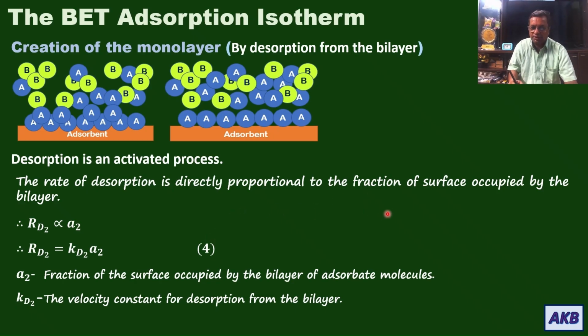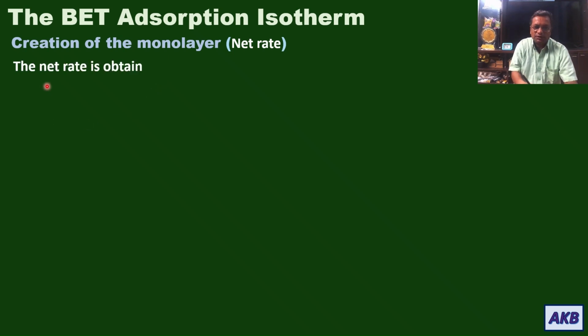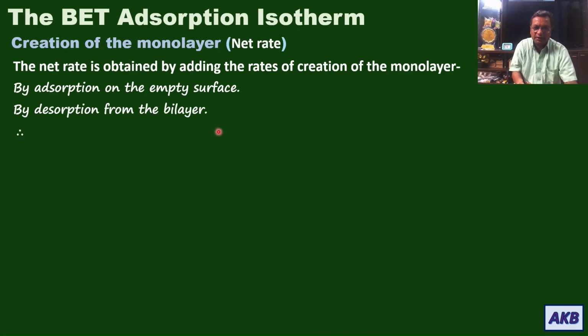Let us move ahead. Now we have got the rate of creation of the monolayer by both ways. Let us get an equation for the net rate of creation of the monolayer. The net rate will be the addition of the two rates, that is, by adsorption on the empty surface and by desorption from the bilayer.